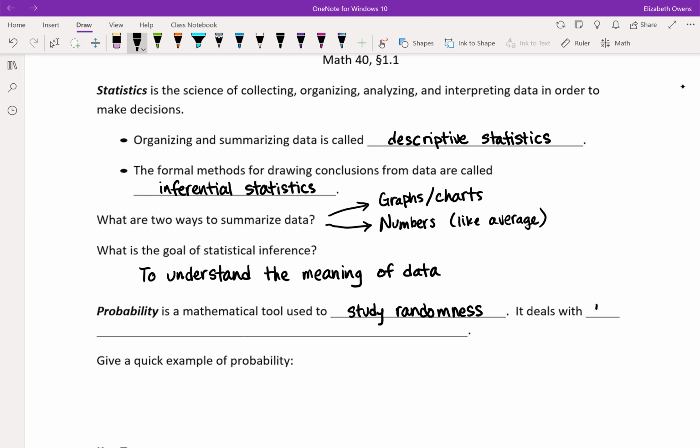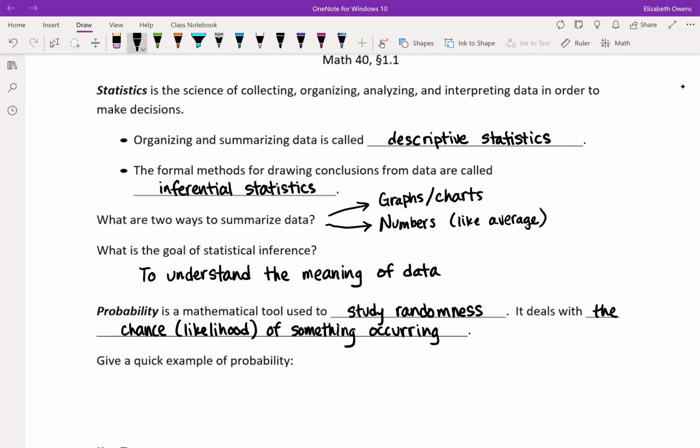It deals with just overall the chance or likelihood of something occurring. And that could be something with a really low likelihood, like one of those freak occurrences that almost never happens. Or it could be something with a high likelihood of occurring, like something that's almost guaranteed to happen. It goes all across the spectrum there.